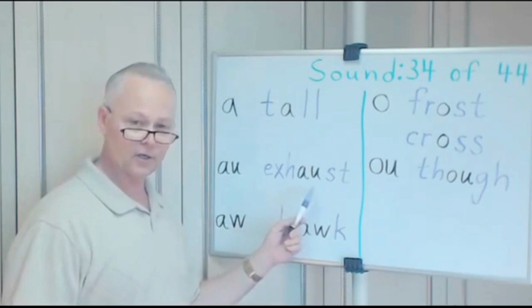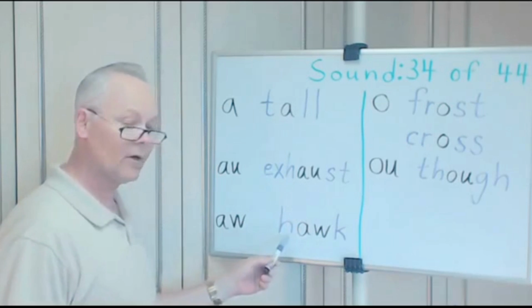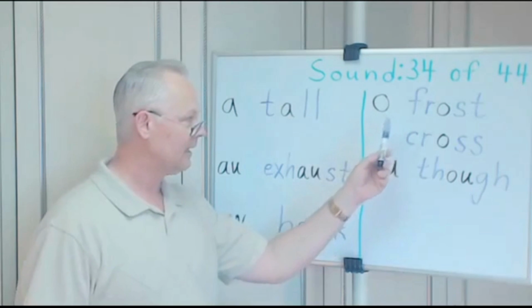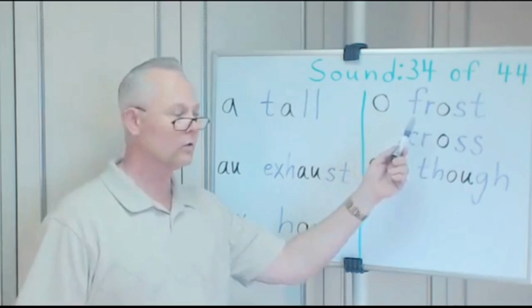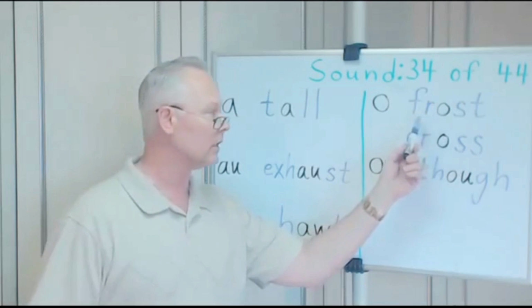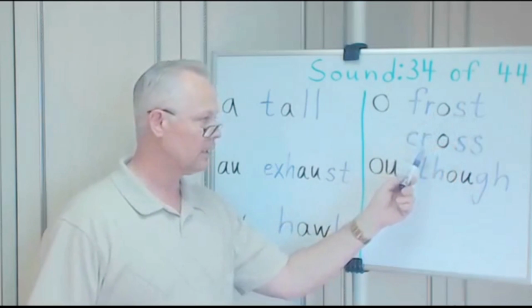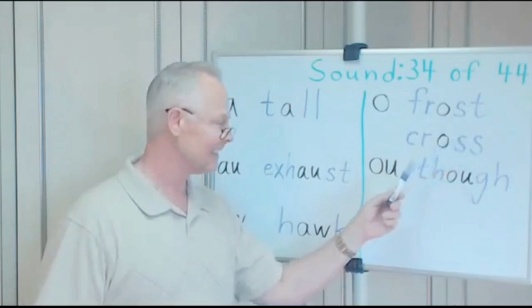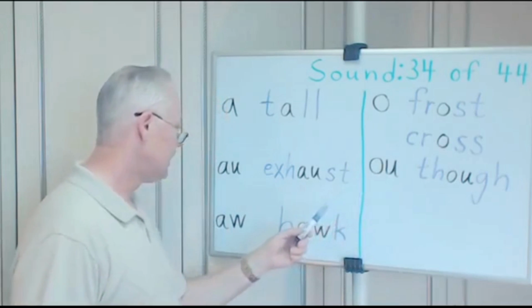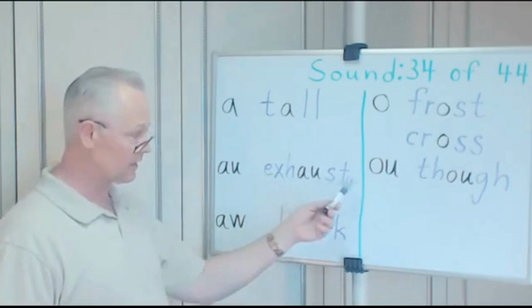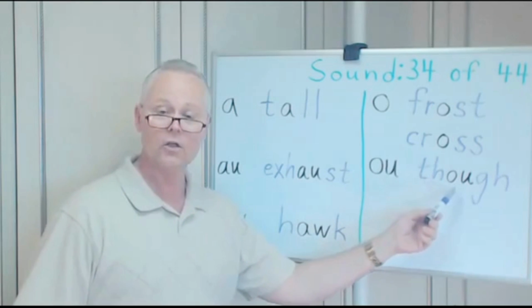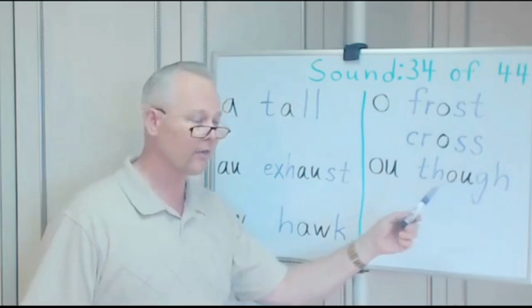A-U, aw, in exhaust. A-W, aw, in hawk. O, here O sounds like aw in the word frost. Cross. O-U, we have A-U, this is O-U, in the word thought, ought, aw, thought.